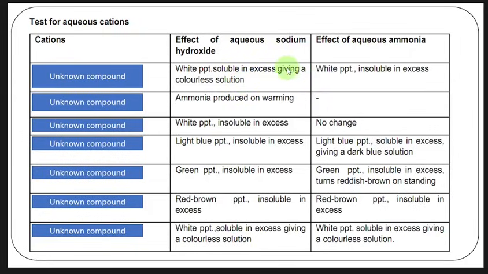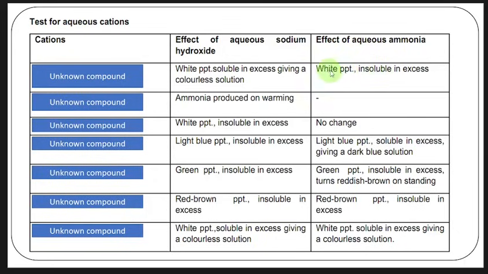Then to the other portion in another test tube, you add a few drops of aqueous ammonia, and you observe that a white precipitate is formed. Again, to the same one you now add excess aqueous ammonia, and you see that the white precipitate is insoluble in excess, or it remains as it was in the first place when you put a few drops.